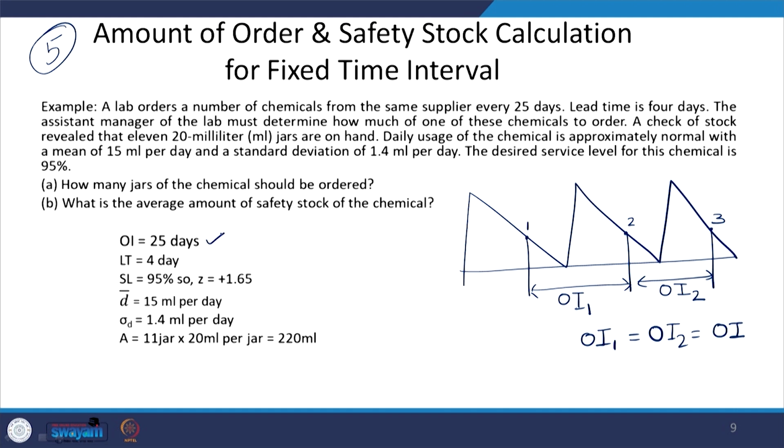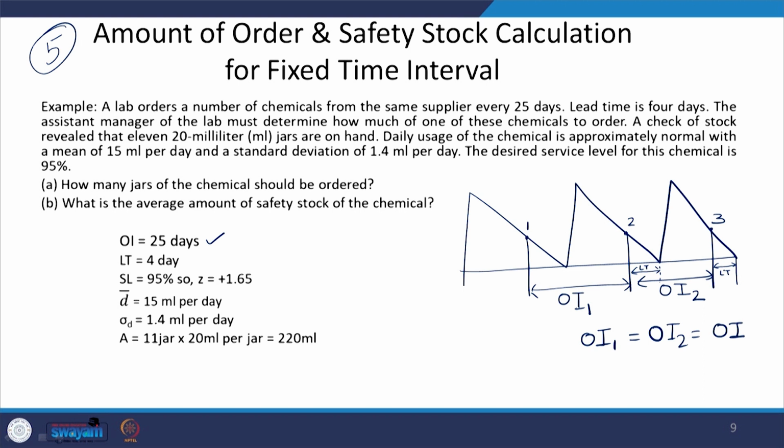So, I have these OIs, and here this is my lead time, this is the lead time. Now, there may be fluctuations in the lead time, there may be fluctuations in the daily consumption rate, and on the basis of that we are going to discuss this particular example.